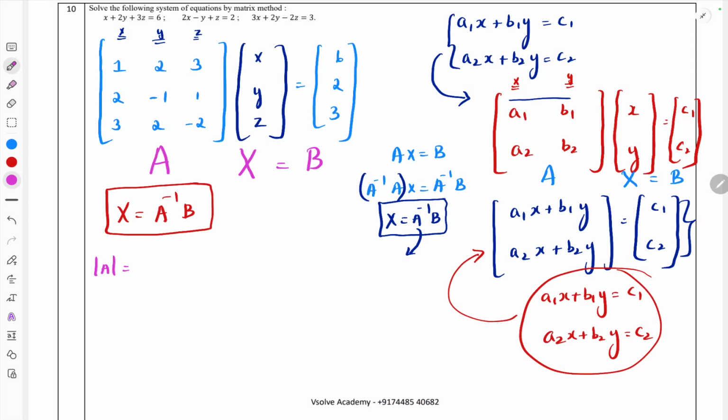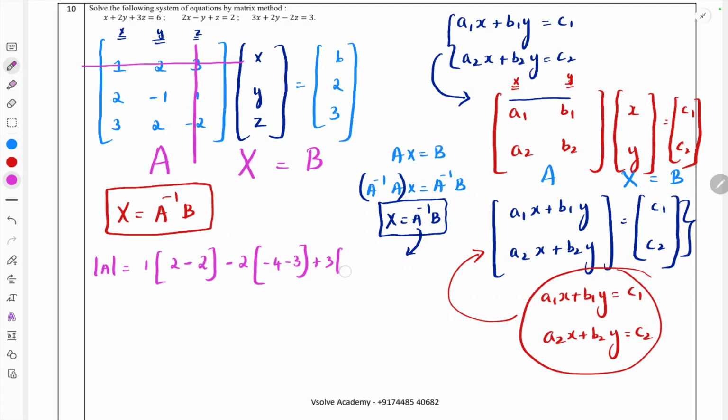So determinant of A will be equal to 1 into minus 1 into minus 2, it is 2, minus 1 into 2 is 2. So minus 2 into, I am expanding along row 1, delete the row in which 2 is present and the column in which 2 is present. So it will be 2 into minus 2, minus 4, minus 3. So plus 3, now delete the row in which 3 is present and the column in which 3 is present.